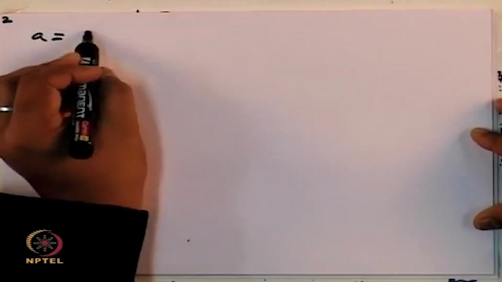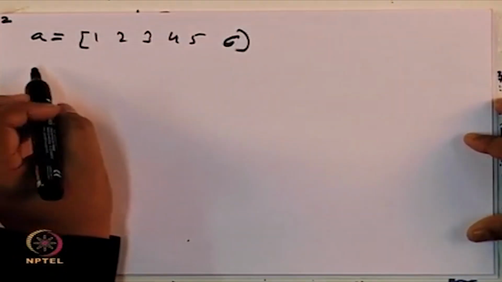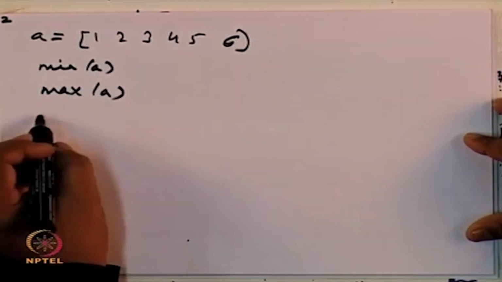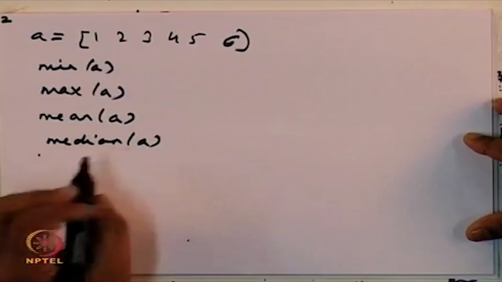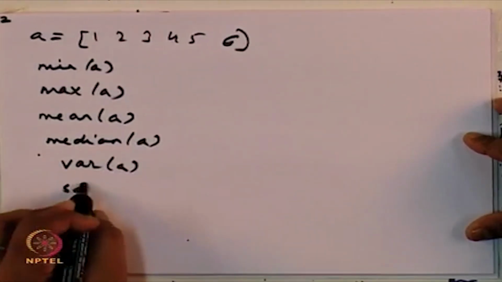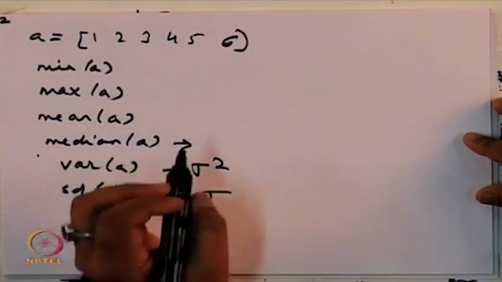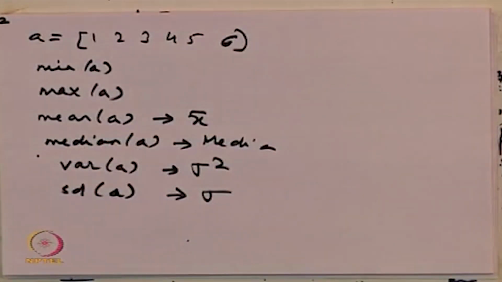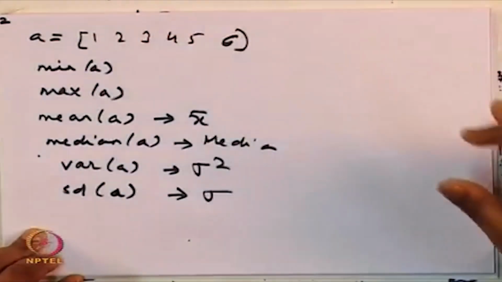Once you generate a vector, let us say A is equal to 1, 2, 3, 4, 5, 6, you can use essential functions like min of A, max of A, mean of A, median of A, variance of A and SD of A, to get the variance sigma square, sigma, and x bar, the mean, and max. These functions will easily allow you to calculate numbers, particularly when these vectors or the numbers are big.